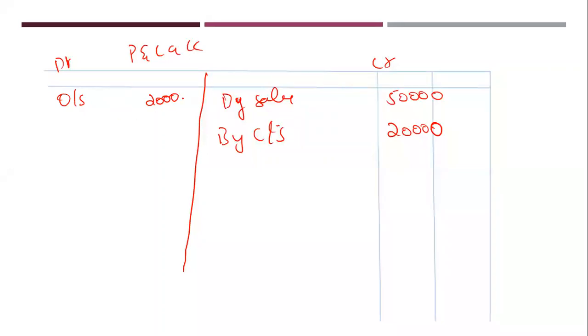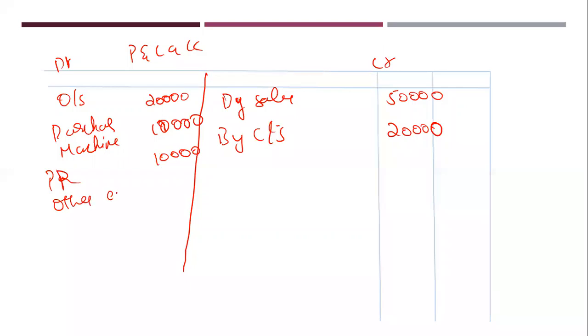Next, purchases. Purchases of what? Materials or machinery? Okay, machinery 10,000. Next, purchase returns. Okay, so purchase returns 10,000. Next is other expenses, for an example, 10,000.